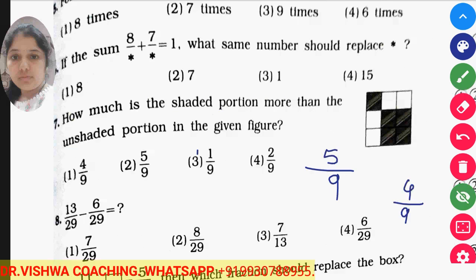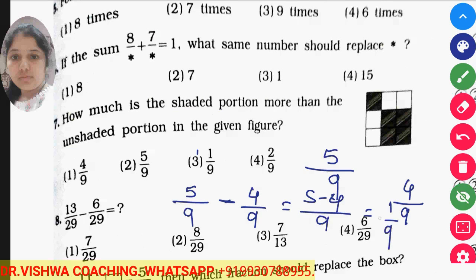Unshaded portion 4 parts. Now the denominator is same. The greater numerator is the greater fraction. So how do we write the subtraction? 5 upon 9 minus 4 upon 9. So 5 minus 4 upon 9 is equal to 1 upon 9.